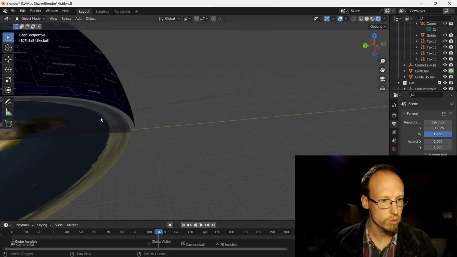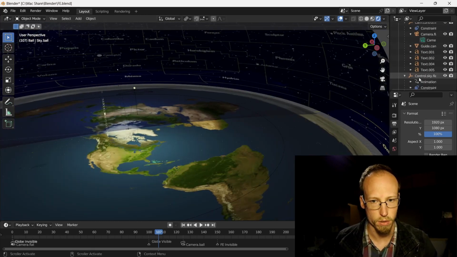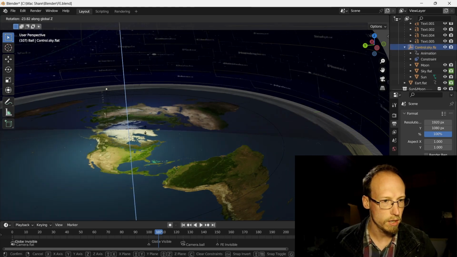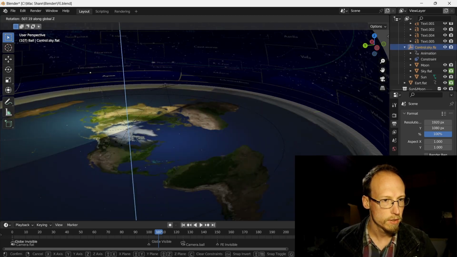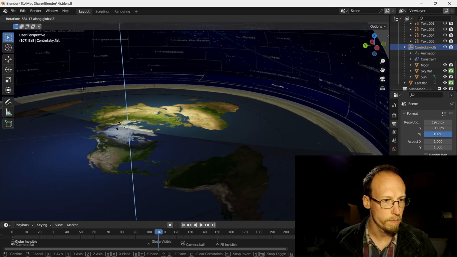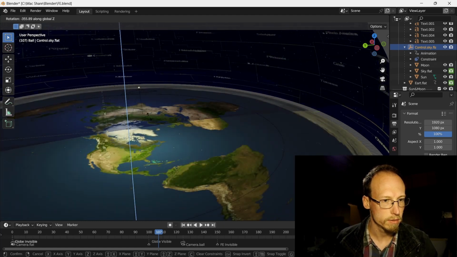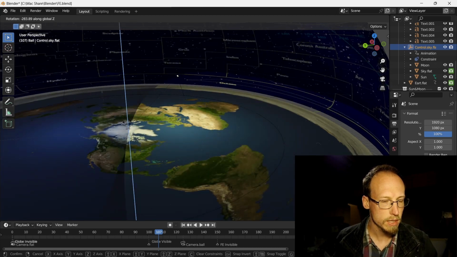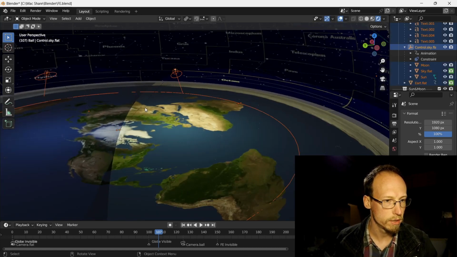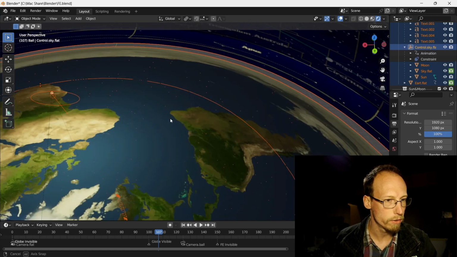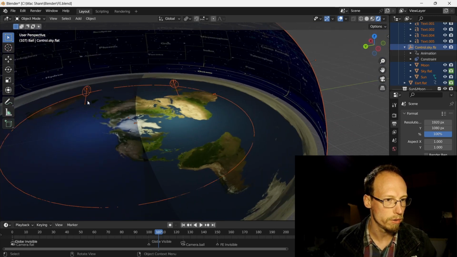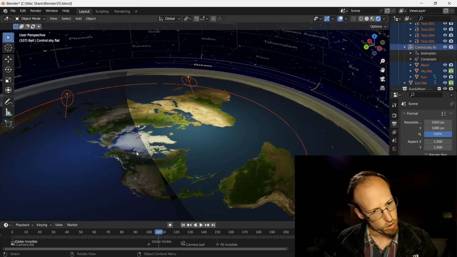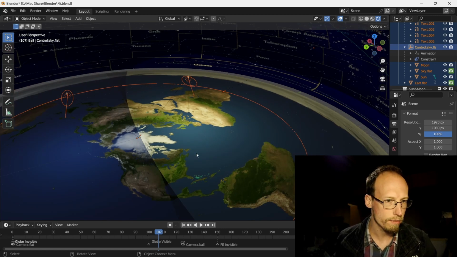If we go back to the flat Earth model, we have the sky control, rotate on Z, and boom. So another thing: why is it like this, right? Why is the light not round? Because that's the way that they portray it. Any flat Earth diagram model that you see online has to be this way because the sun illuminates roughly half of the Earth.